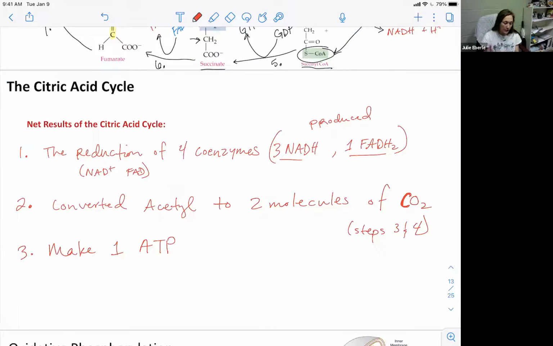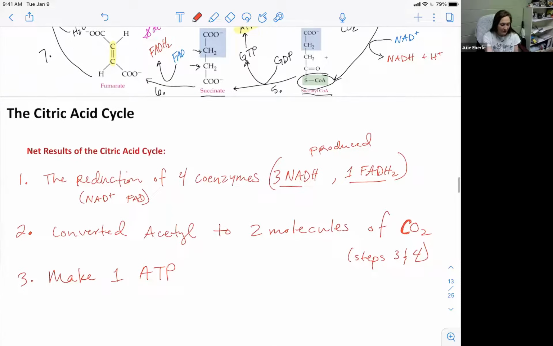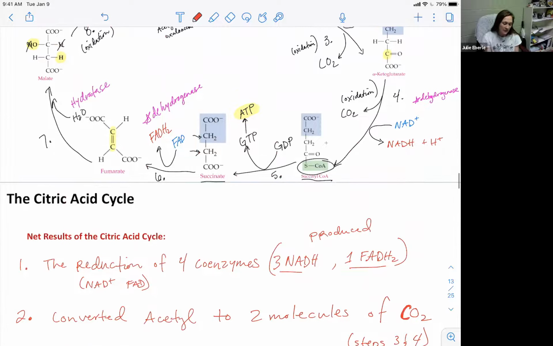So what do I want you to know? I want you to know what steps produce our molecules of CO2, and from what steps we get reduced coenzymes, our NADH and our FADH2. What step makes our ATP? And then I want you to know which enzymes, if I said, here's step 6 from the citric acid cycle, succinate to fumarate, what products are made from this, and what enzyme would catalyze this reaction?